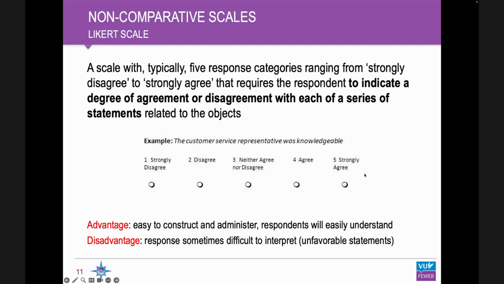So once you go from this answer to this answer, the leap that you're showing is not the same as when you choose this answer, right? So it is very hard to actually say that these are equidistant options.